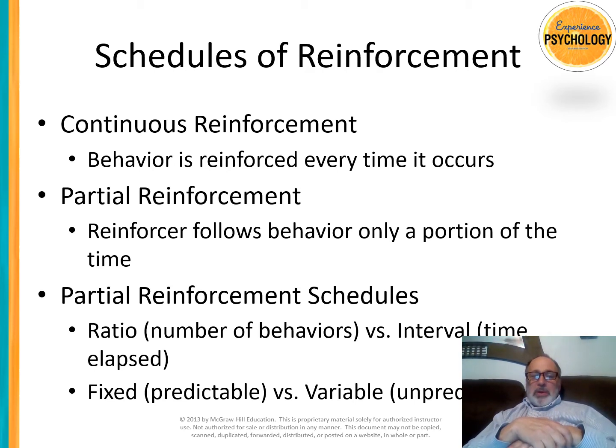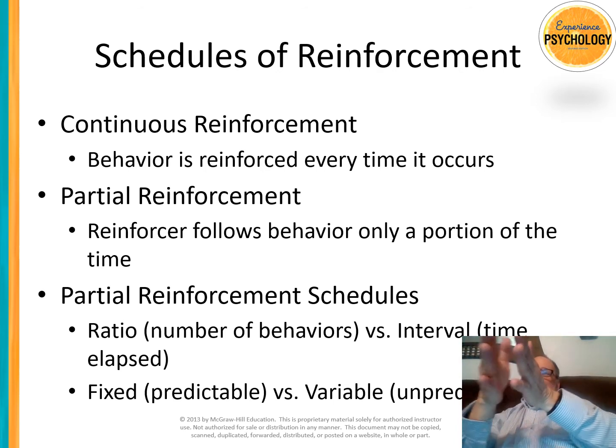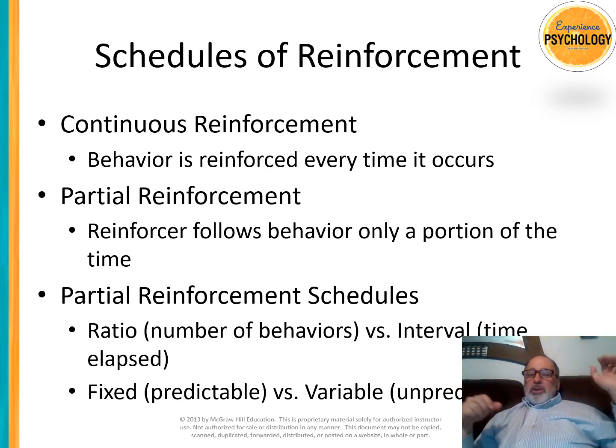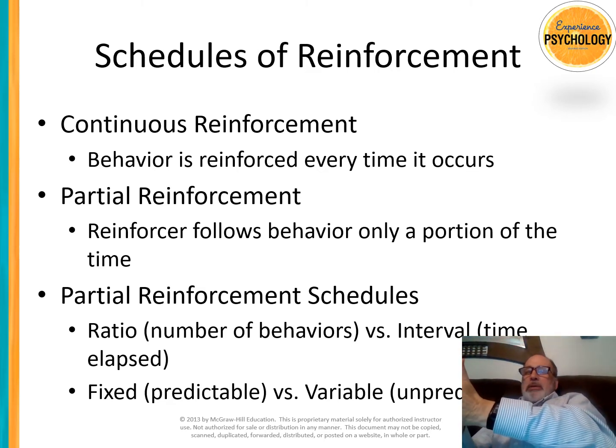Interval has to do with time, in the sense of clock time, chronos, time elapsing. So ratio has to do with how many times it happens, and interval has to do with the elapse of time.